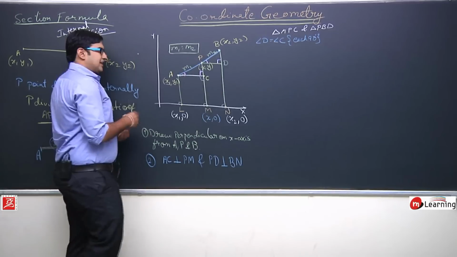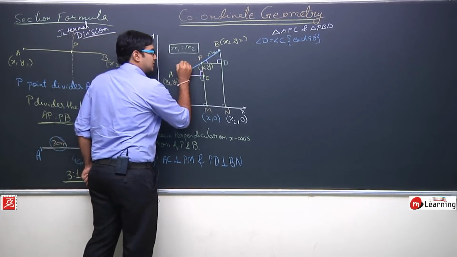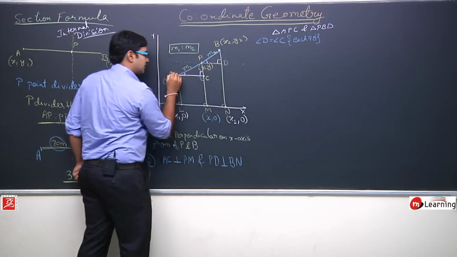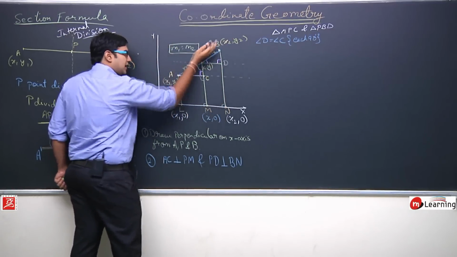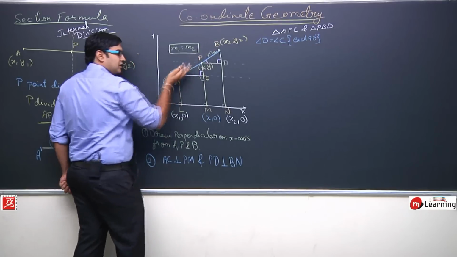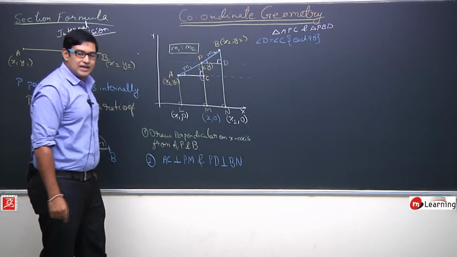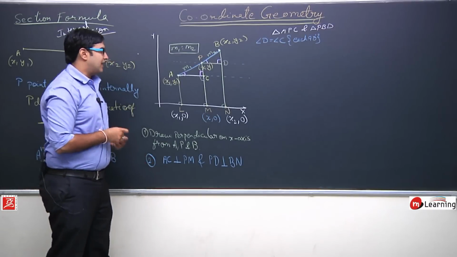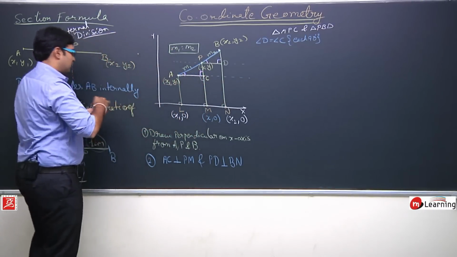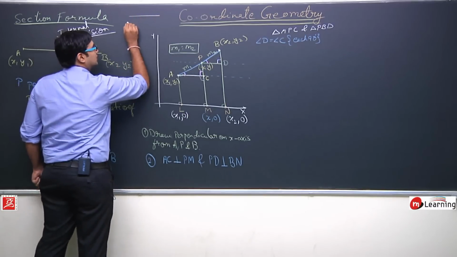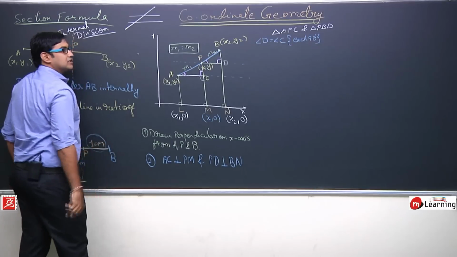So if AC and PD are parallel, these two lines, this line and this line, and you can see this BA line is a transversal. That's why I can see this kind of figure forming here. These two are the lines and this is a transversal.